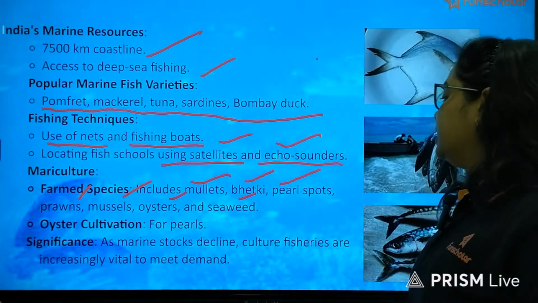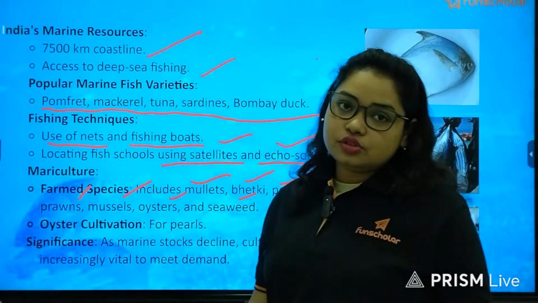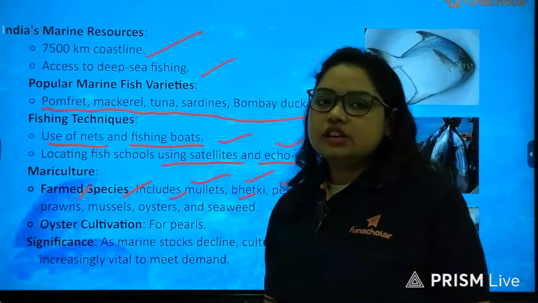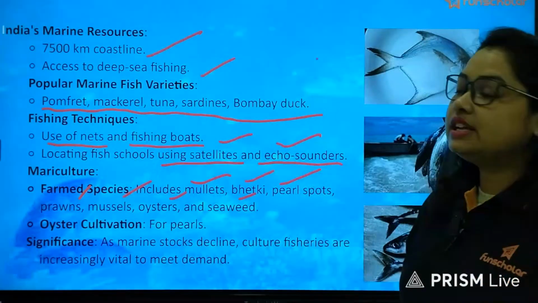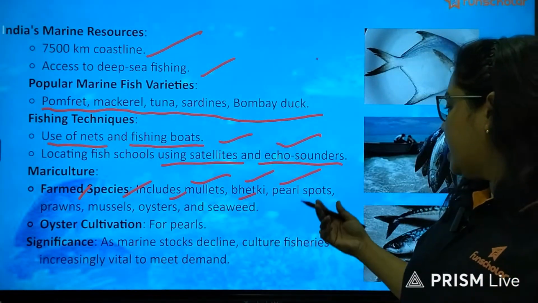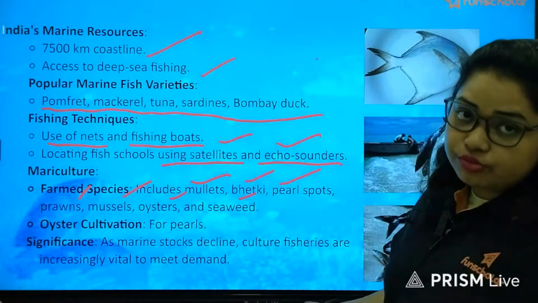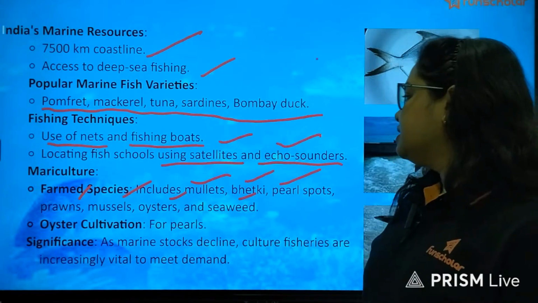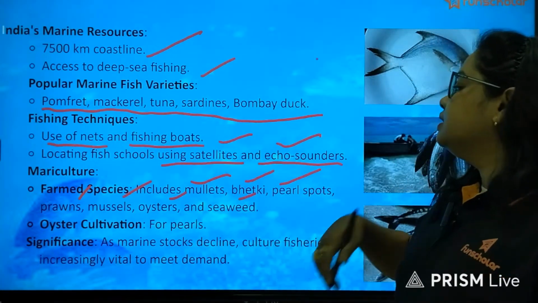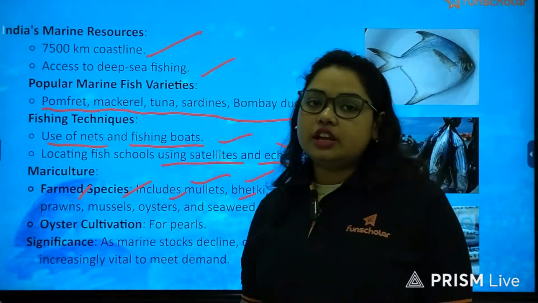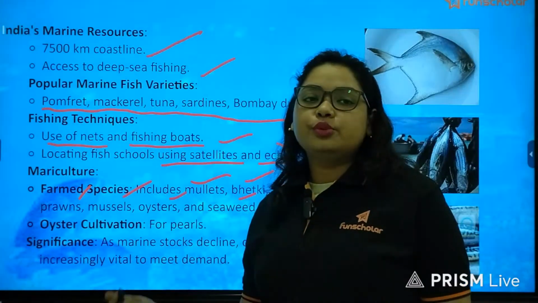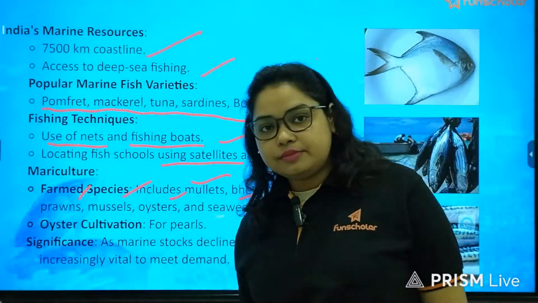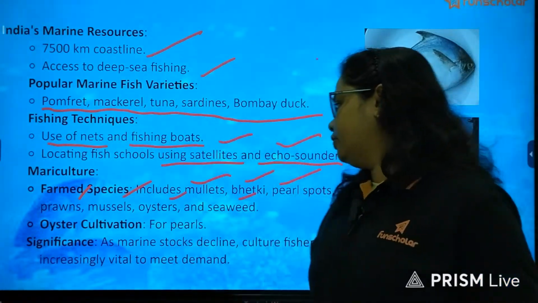They are sold, taken as food, and also used for other purposes, such as ornamental purposes, and some are rich in nutrients, so they are used as feed. So marine culture means the commercial rearing of livestock which dwells in the marine ecosystem, that means in seawater.